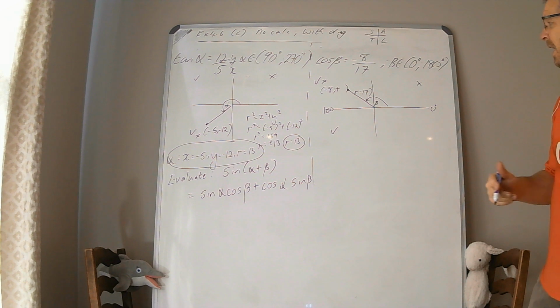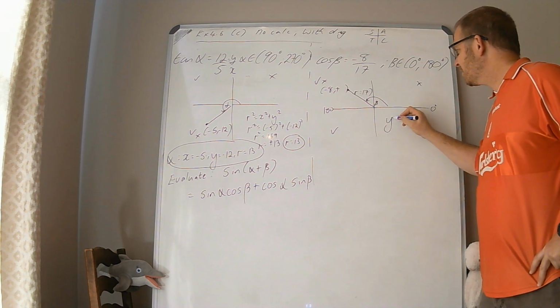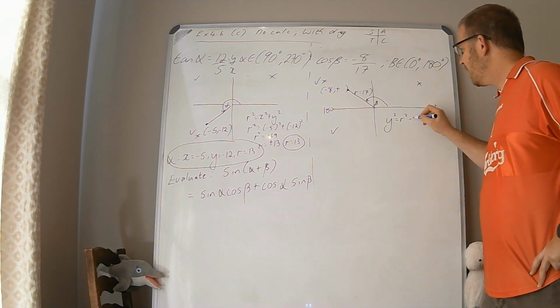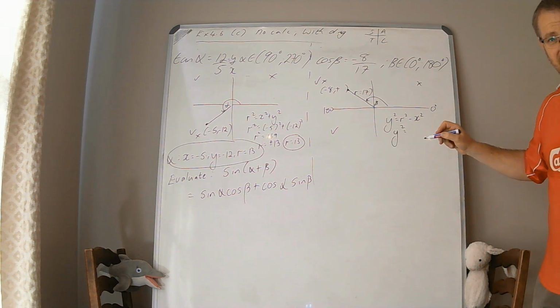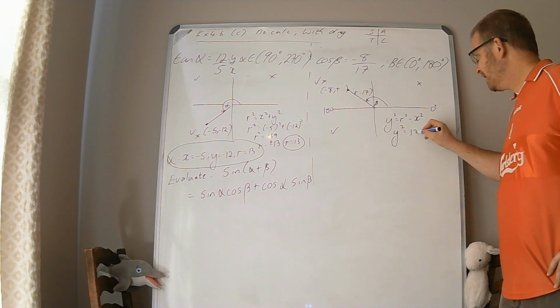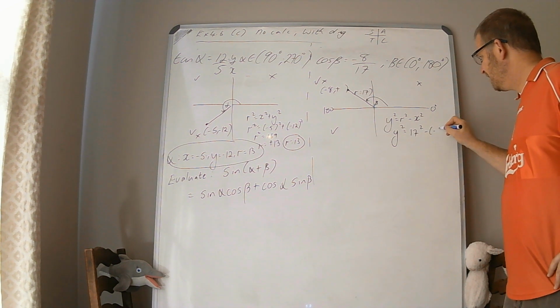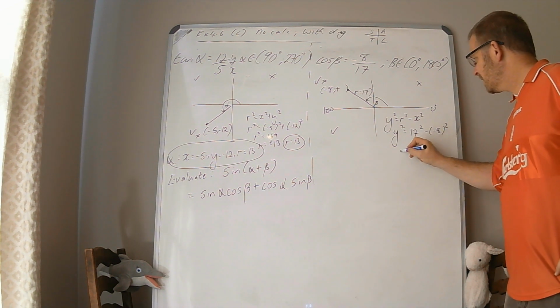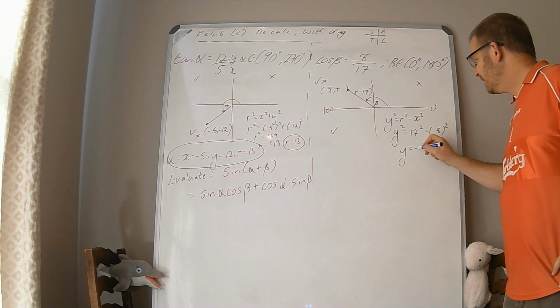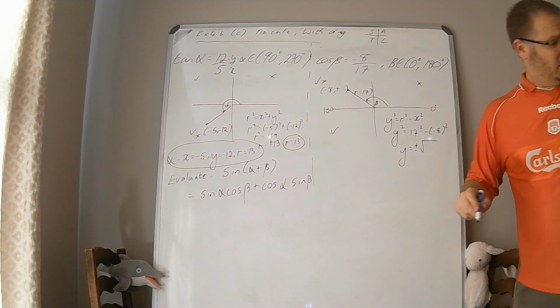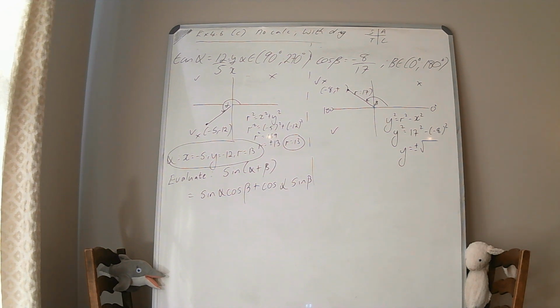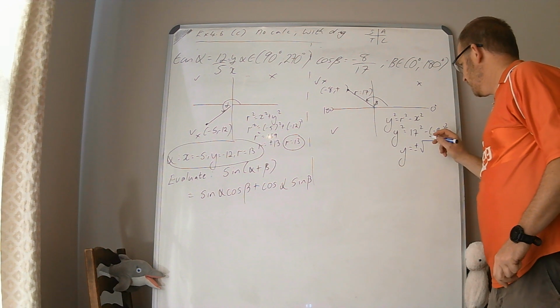Right, so go find the y coordinate. Well, we know that y squared is equal to r squared minus x squared. So y squared is equal to 17 squared minus 8 squared, which gives you y squared. Y is equal to plus or minus the square root of 225.